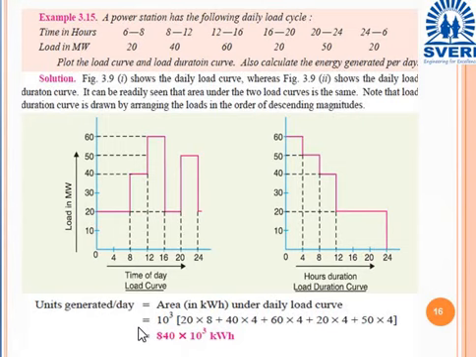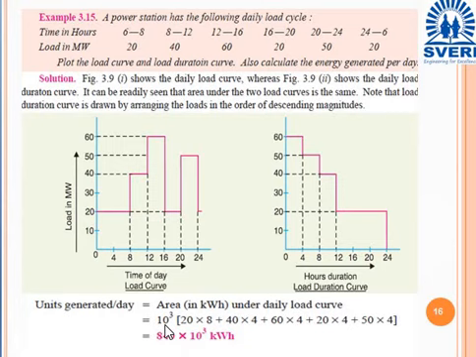Units generated will be calculated by referring to the load duration curve. Here the load is provided in megawatt, that is why we have taken 10 raised to 3 as a multiplication factor, which converts the load in megawatt into kilowatt.